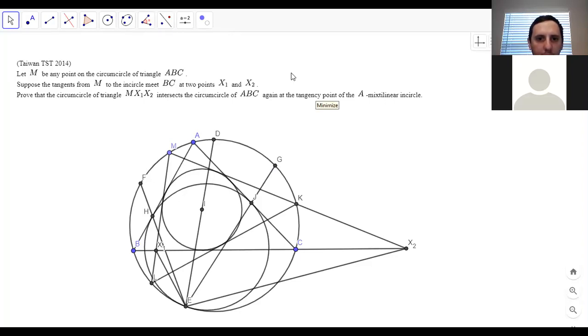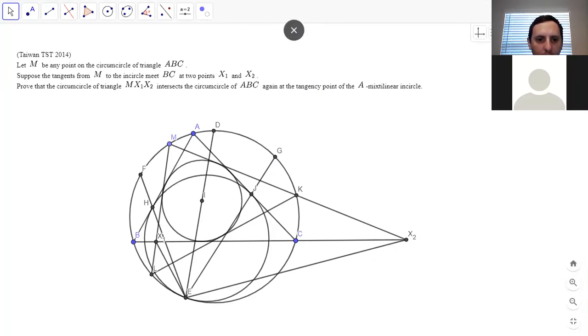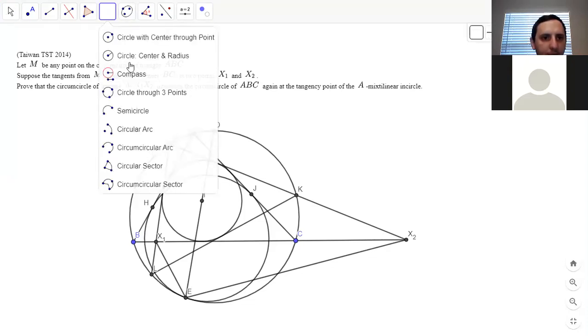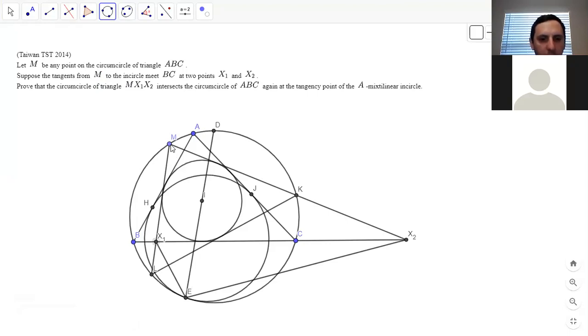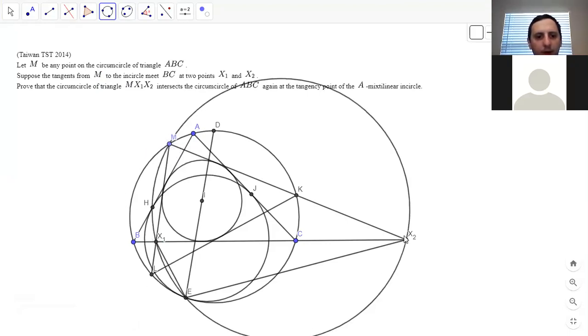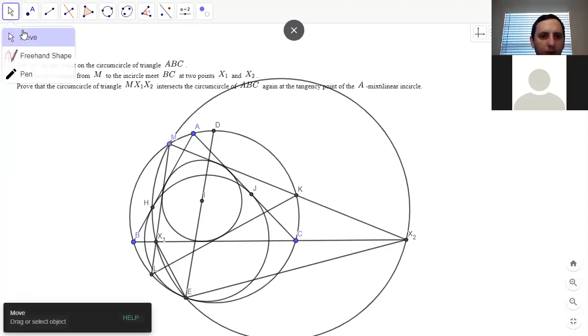Okay, if we define E as the intersection of ABE and MX1, X2, so Hakan just had a suggestion. Basically we define E as the intersection, or I could call it E prime, or just E, because it doesn't say E prime in the question.